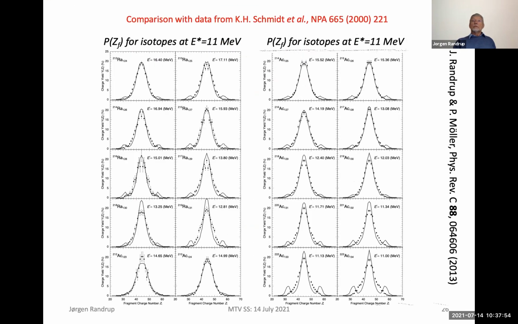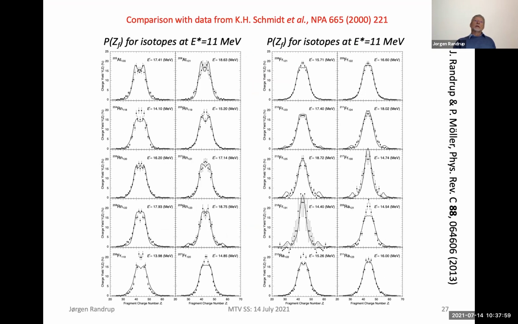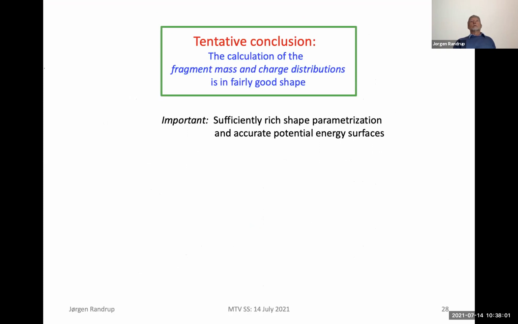Well, what you're supposed to see here is that it works reasonably well. So tentatively, the fragment mass and charge distributions we can calculate fairly well and understand as just a result of this diffusive shape evolution on the potential energy surface.